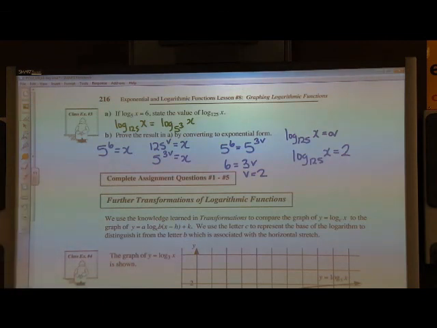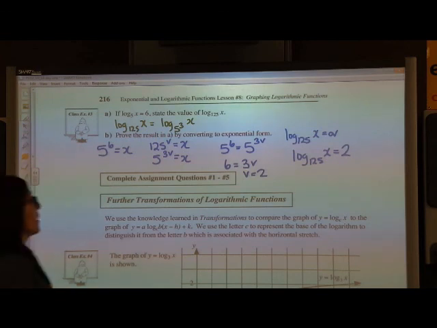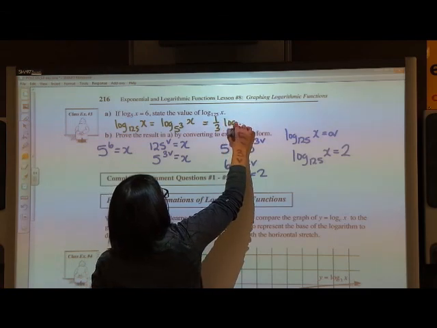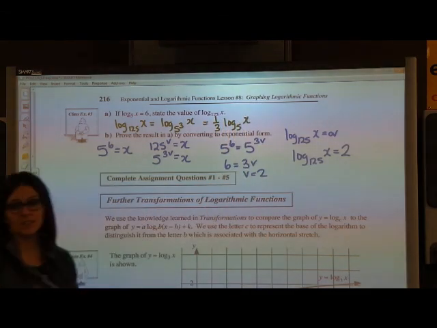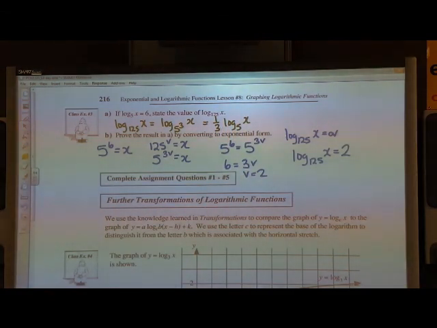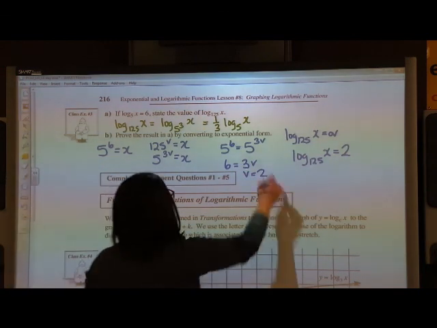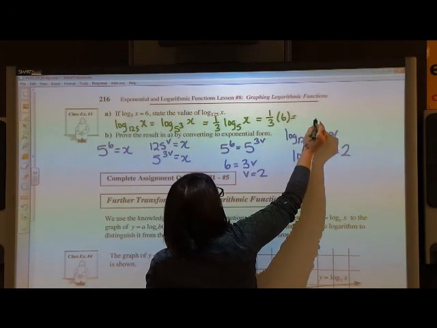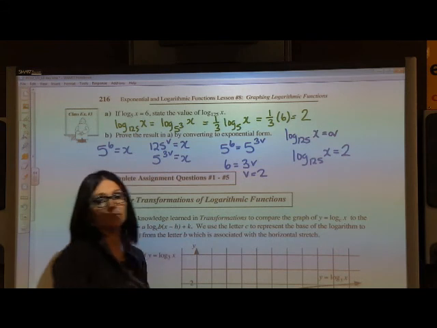And when I bring that 3 out in front, what does it become? 1/3. So now I've got 1/3 log base 5 of x. And what do I know about log base 5 of x? 6. It's equal to 6. And what is 1/3 of 6? 2. Same answer.